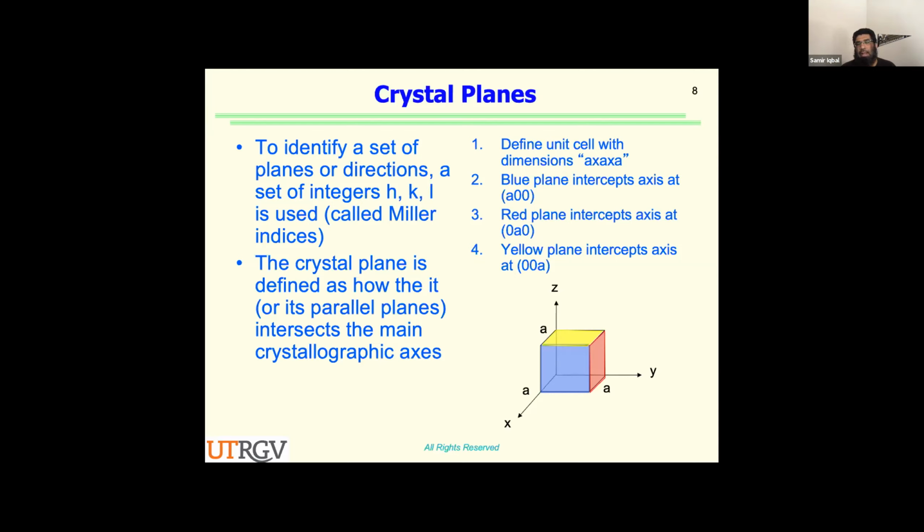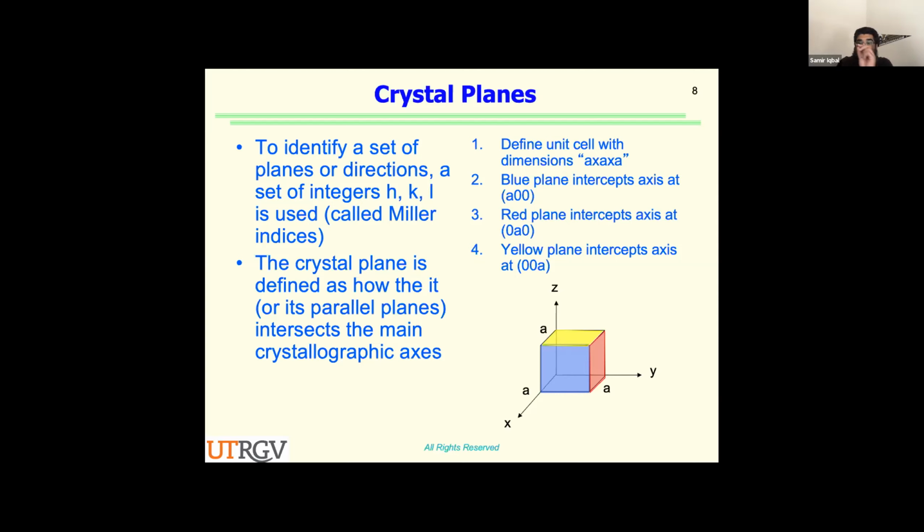Think about the blue plane. If you pick the blue plane, you can see that it intersects X. What is that point? The X intercept. It is intersecting at A, right?